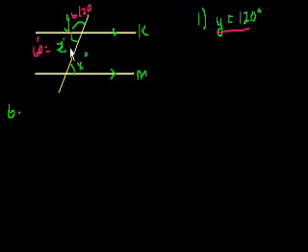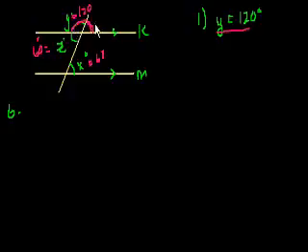And there are all these words that people use in geometry class, but if you have two parallel lines and a transversal, then these opposite inside angles are going to be the same. So you know that x is equal to 60 degrees. Another way you could have done it: if y is equal to 120 degrees, then y and this angle right here are also supplementary, because they complete this whole arc.